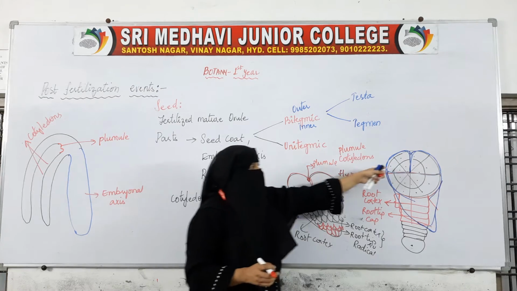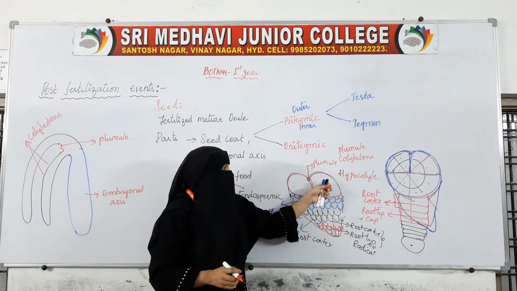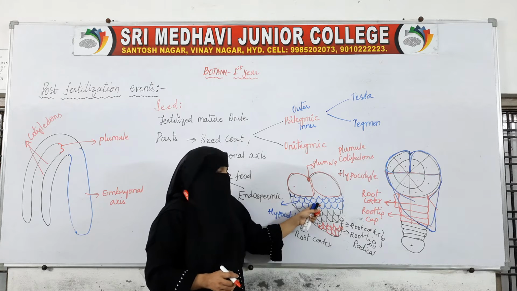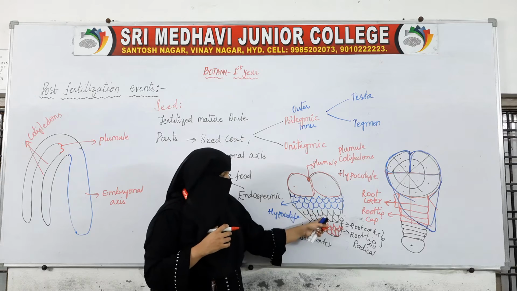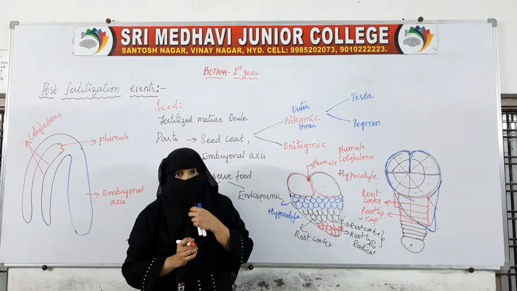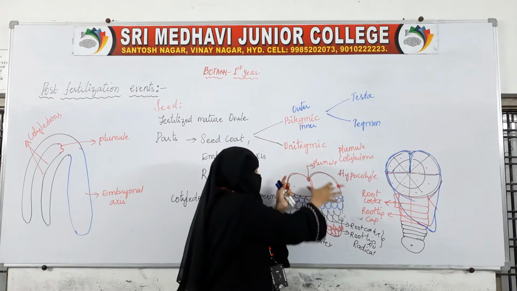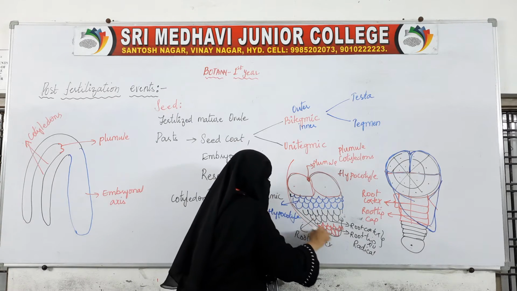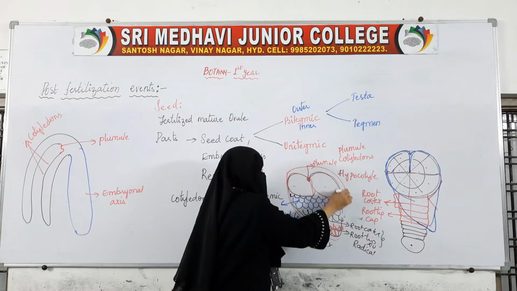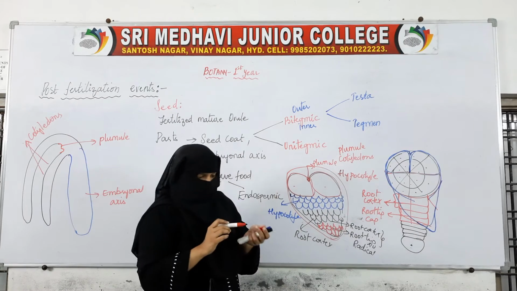The upper part of the pro-embryo has given rise to the cotyledons and plumule. This is the hypocotyl, and this is the root part, the radicle part. This heart-shaped embryo is present in the embryo sac.